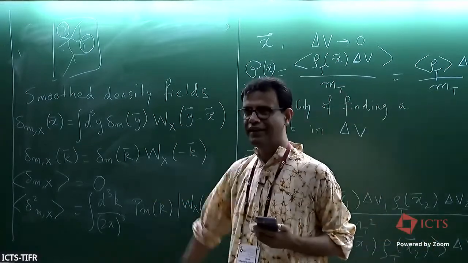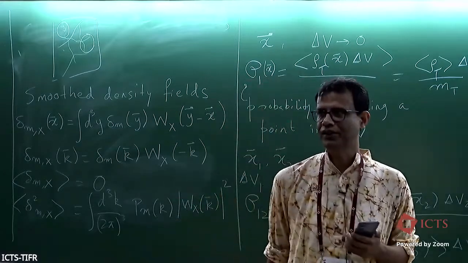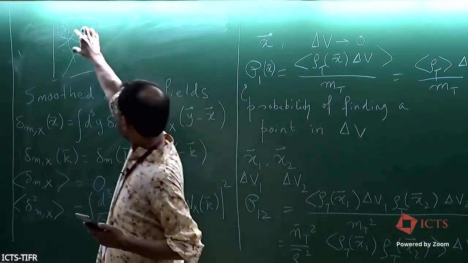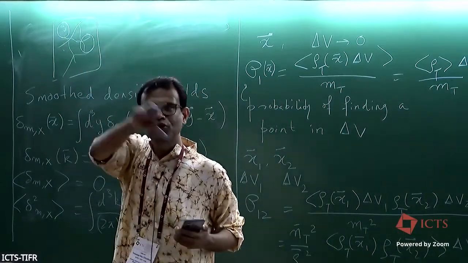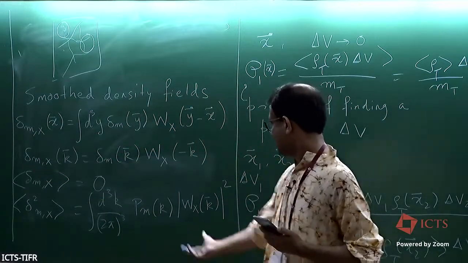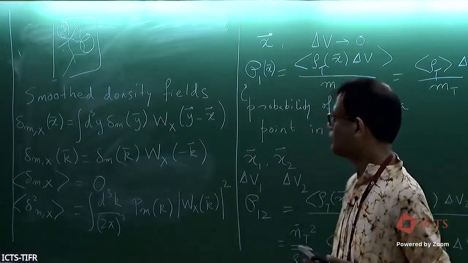And there is an integral involved, but indirectly the power spectrum is captured here. So you measure the fluctuations, smoothed over some scale, from point to point. And that is very closely related to the power spectrum.